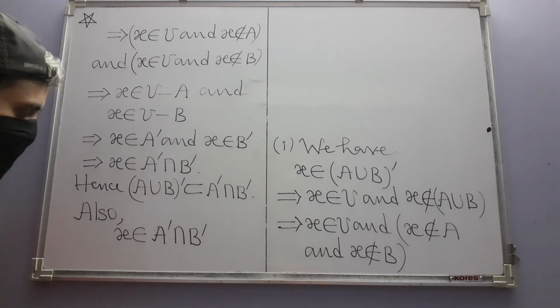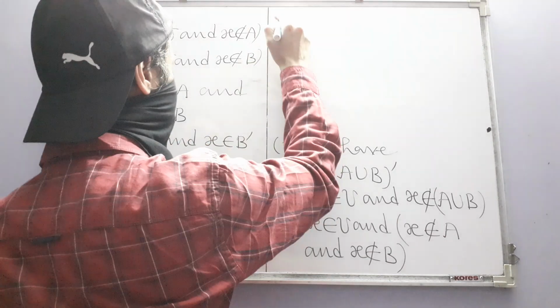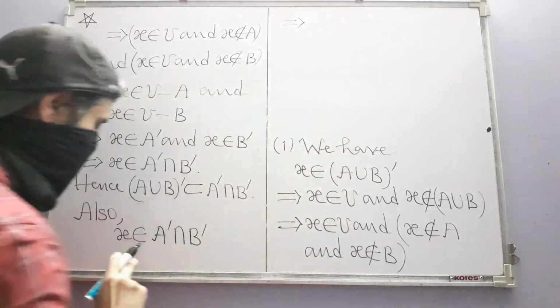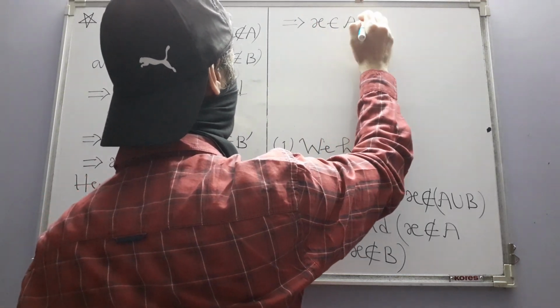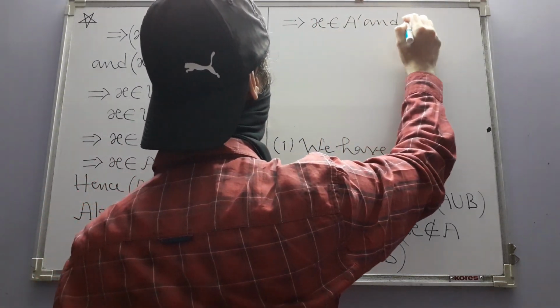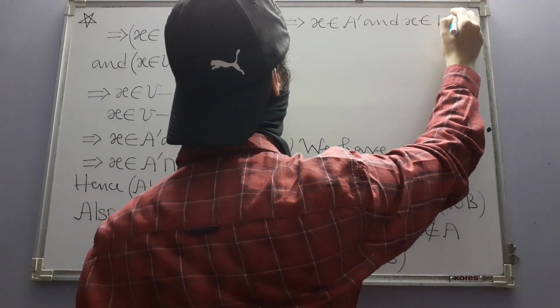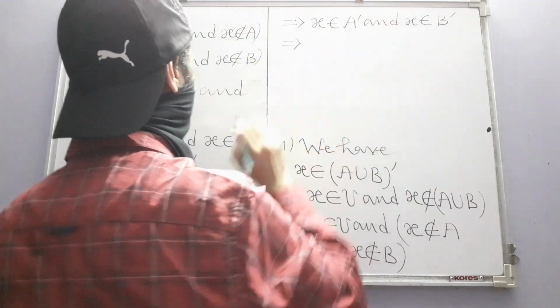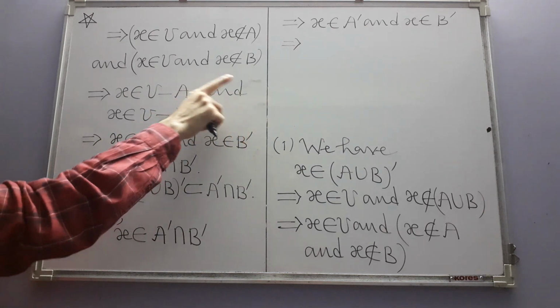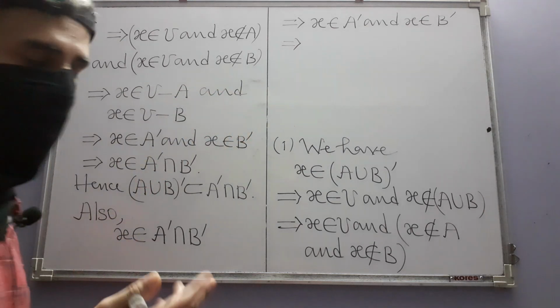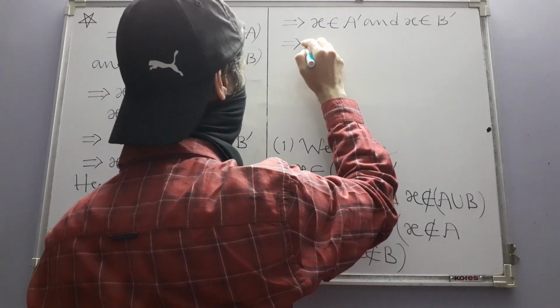So the first few steps are going to be very easy. For example, this just means that X belongs to A complement and X belongs to B complement. If you want, you can write this also after this, but I choose to not write because now we have really understood what these things are.